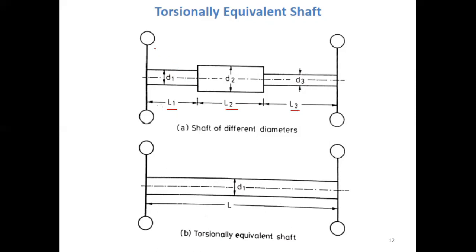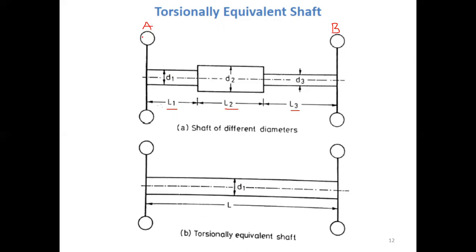And here also you can see that two rotors A and B are mounted at the ends of the shaft. The only difference is that here the representation of rotors is as lumped mass. Otherwise, the diagram is the same as the previous one.